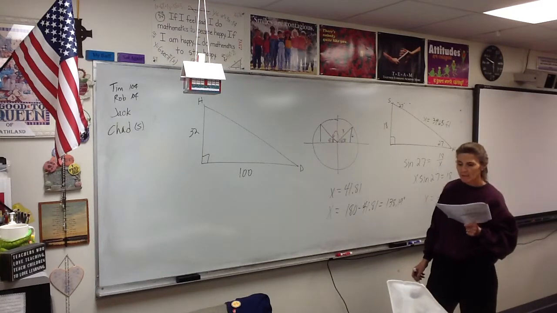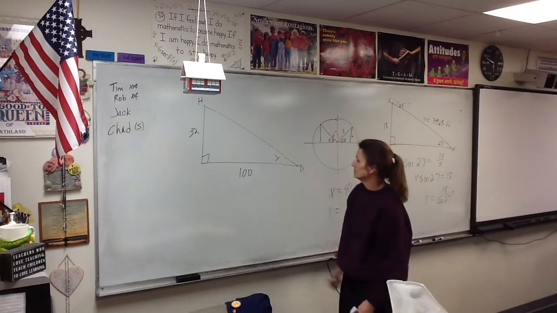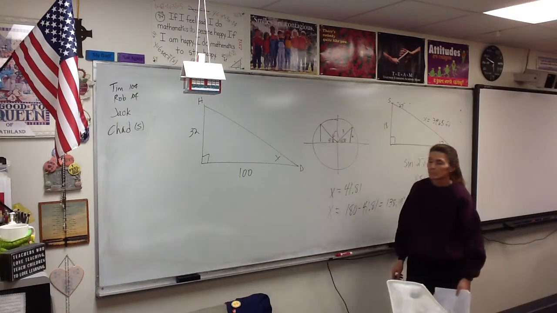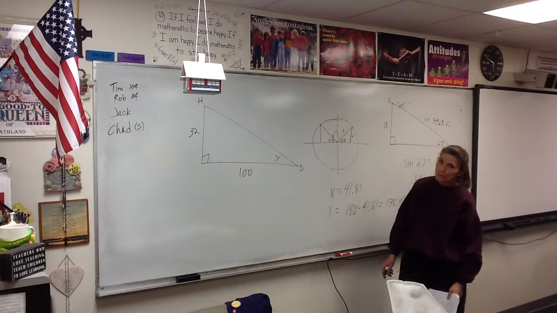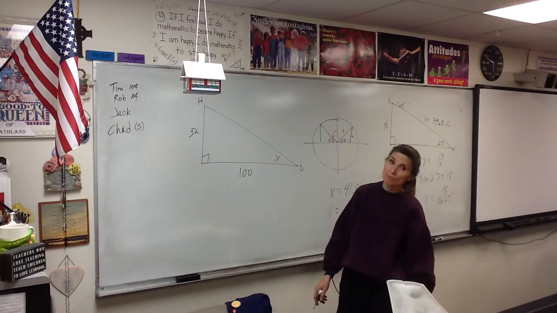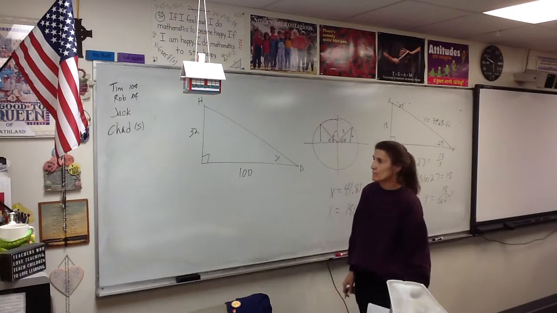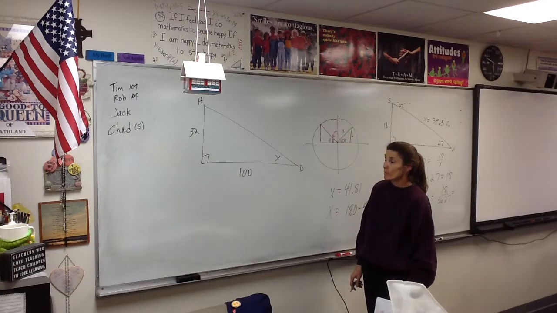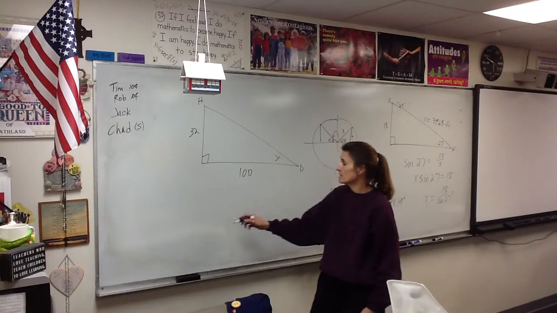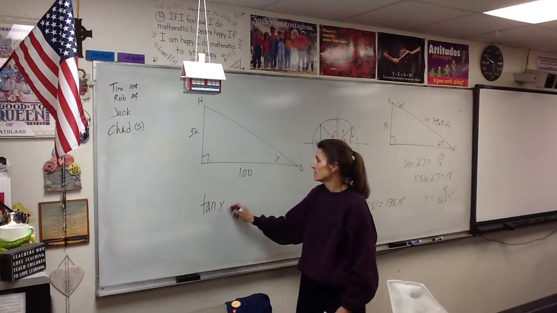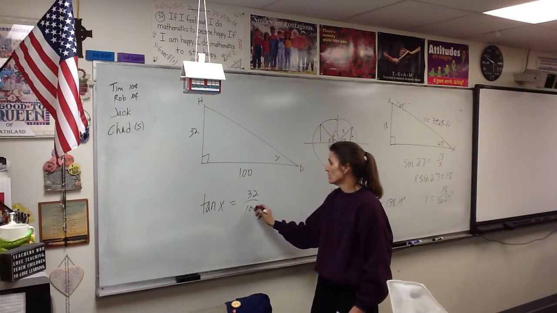What are we looking for? The angle of elevation. Notice it does not say the duck is 100 feet from the hawk. It says the duck is 100 feet from the base of the tree. So the function I will use, I have opposite and adjacent, so I'll say tan x equals 32 over 100.